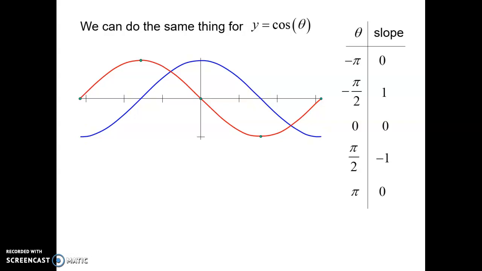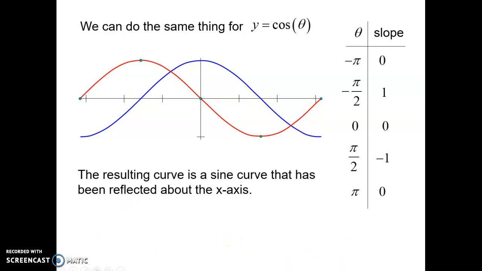If I start with a cosine curve, my resulting derivative graph is actually not a sine curve, but a reflected sine curve. So we notice that the curve has a derivative that is the reflected sine curve.